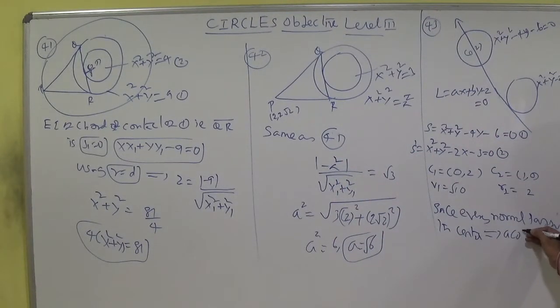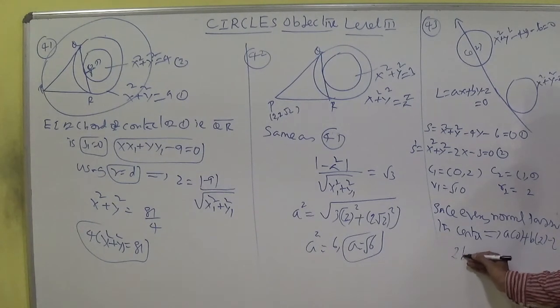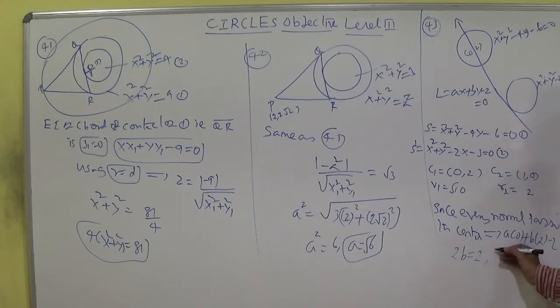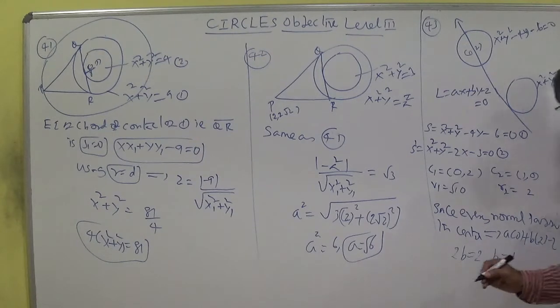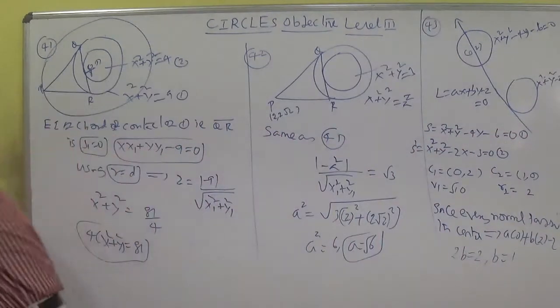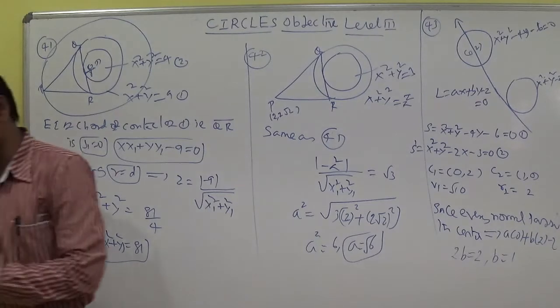So a into 0 plus b into 2 minus 2 equal to 0. You can understand this as 2b is equal to 2, so b is equal to 1. We have decided b: b is equal to 1.